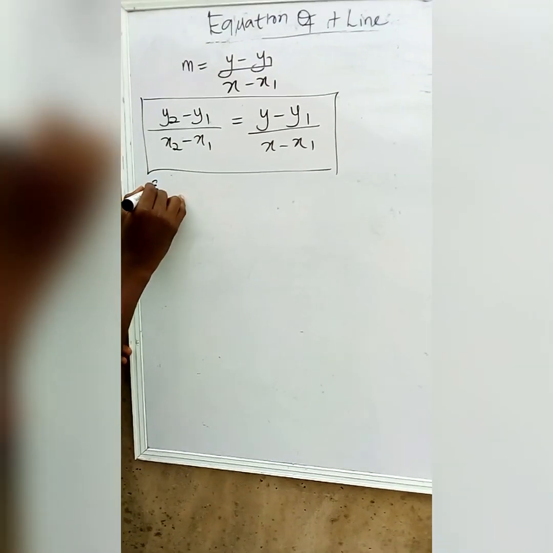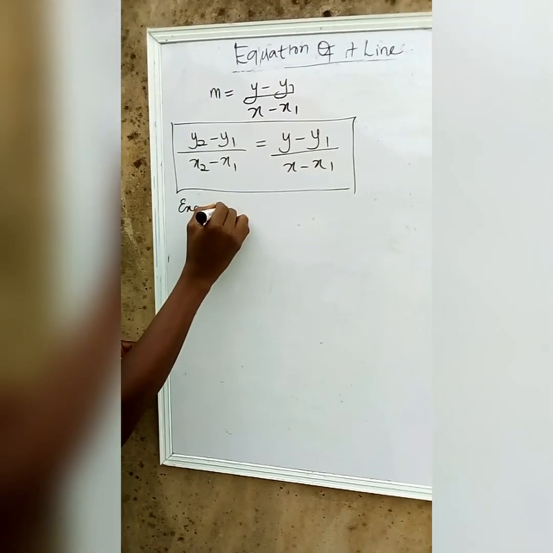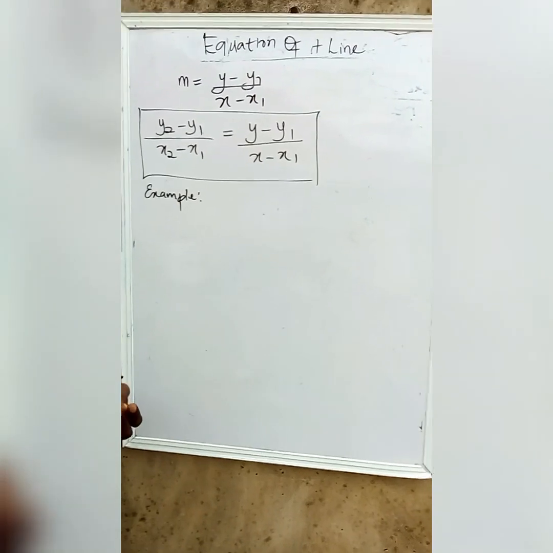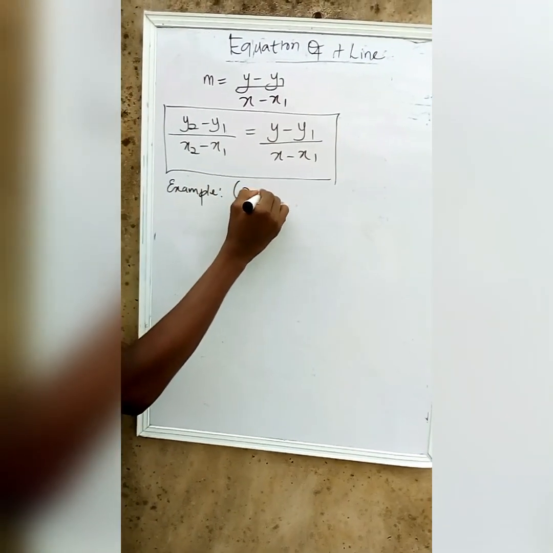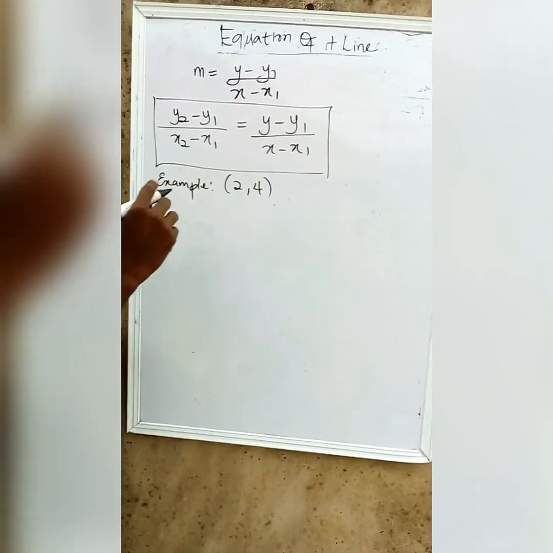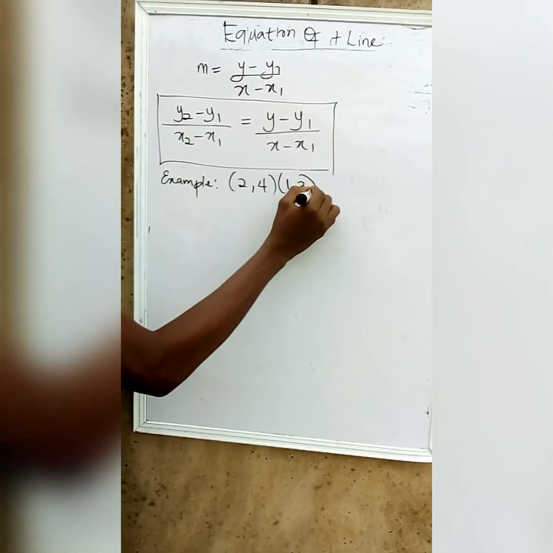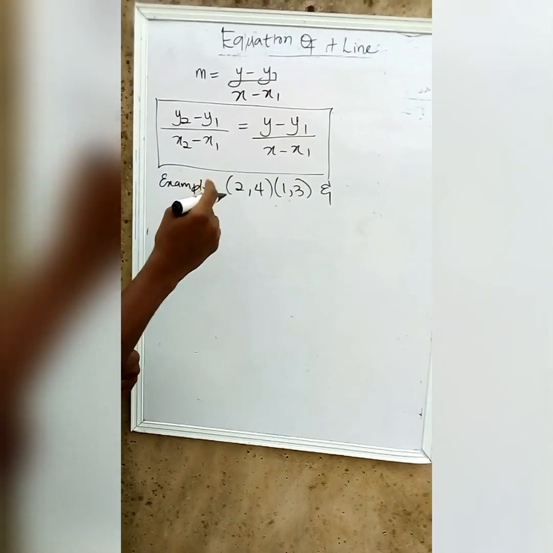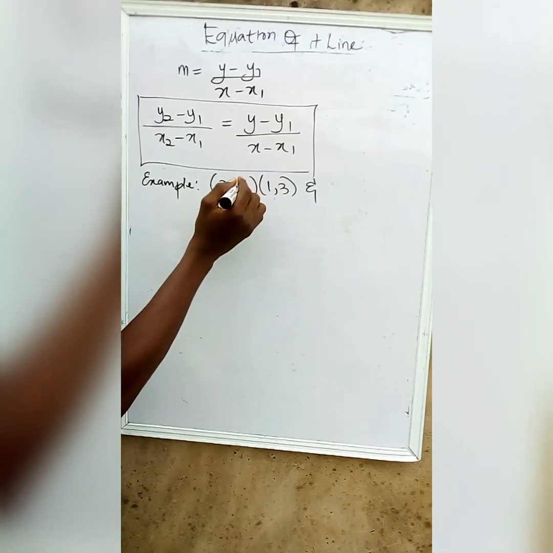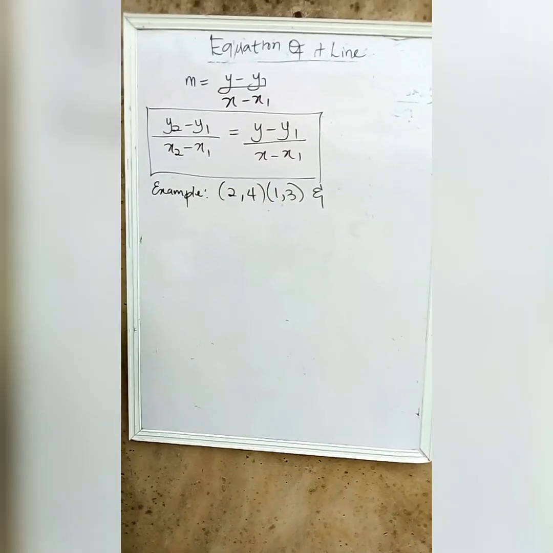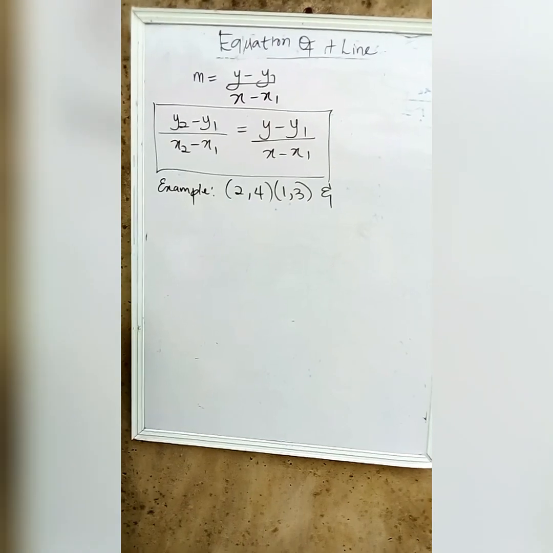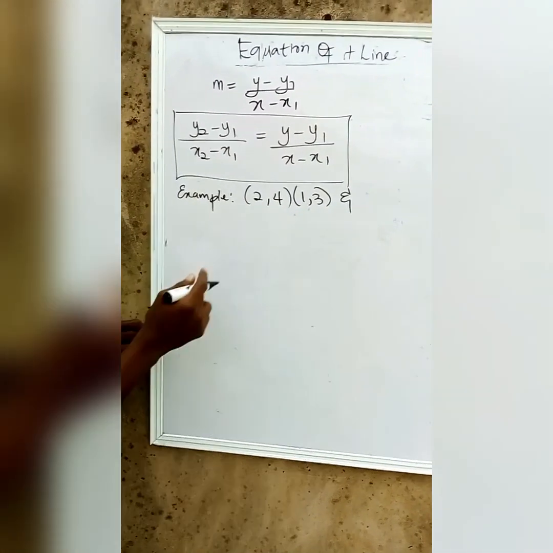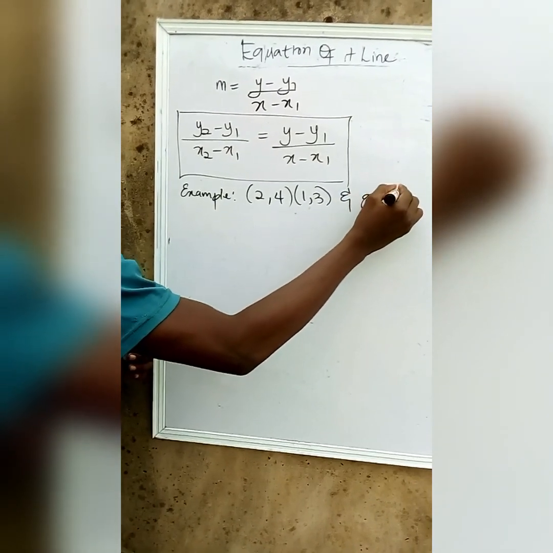Let's take an example. If you are asked to look for the equation of a line with the following points, 2, 4 and 1, 3. Find the equation of the line and the gradient.